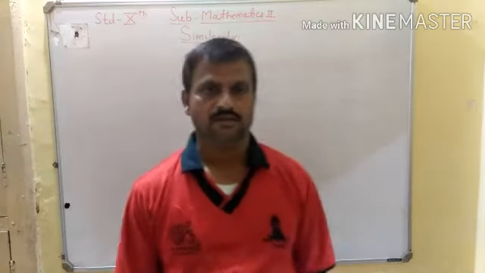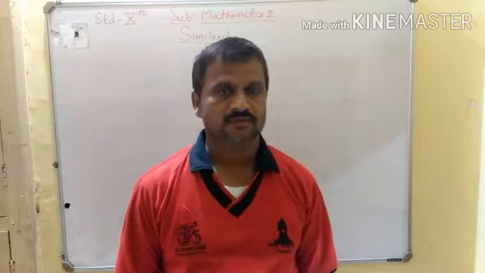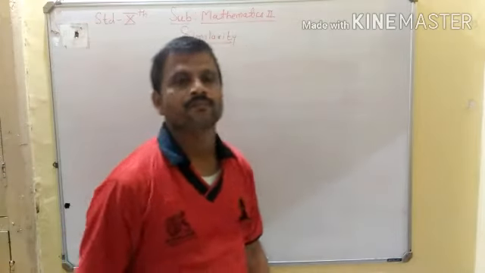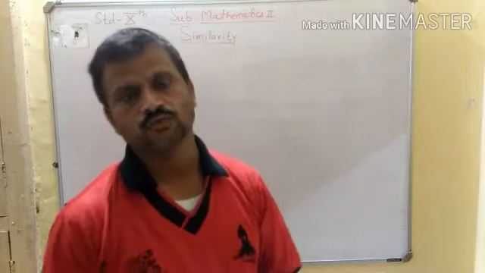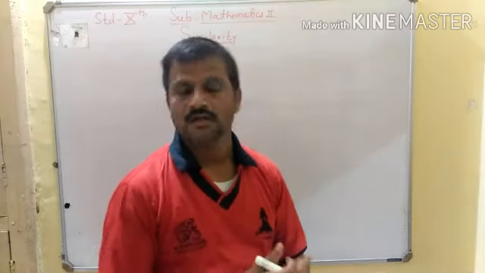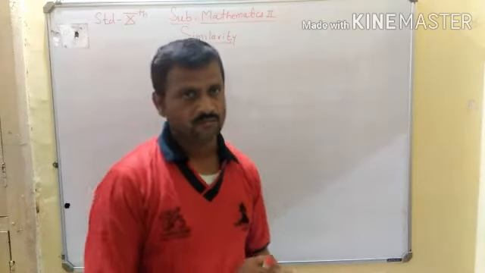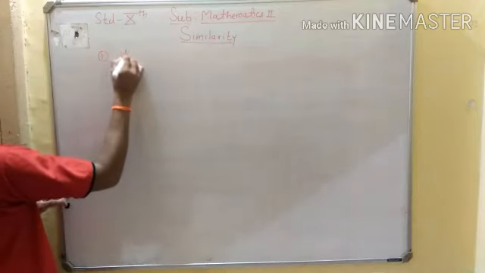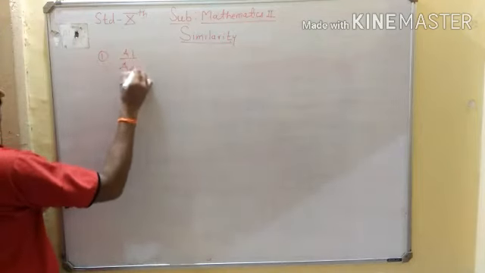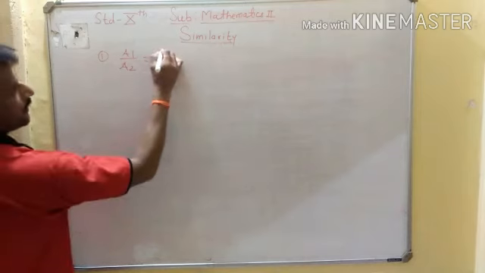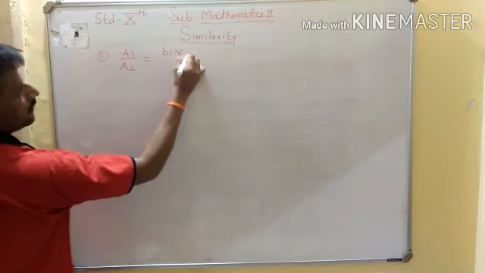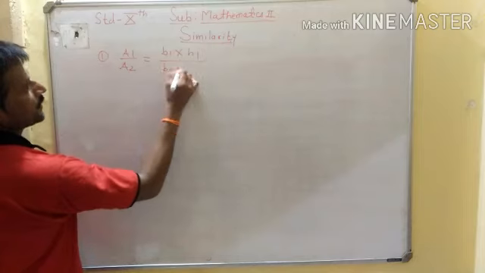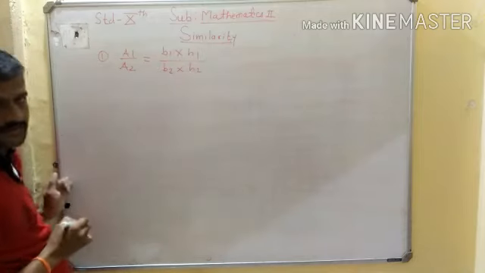लास्ट व्हिडिओमध्ये आपण 10th स्टँडर्डच्या मॅथमॅटिक्स पार्ट सेकंडमधील सिमिलॅरिटी या चॅप्टरमध्ये द रेशिओ ऑफ एरियाज ऑफ टू ट्रायंगल्स हा कन्सेप्ट अभ्यासलेला होता. Once again remember this. Suppose A1 and A2 be the areas of the two triangles, B1 and H1 be the base and height of the first triangle and B2 and H2 be the base and height of the second triangle.